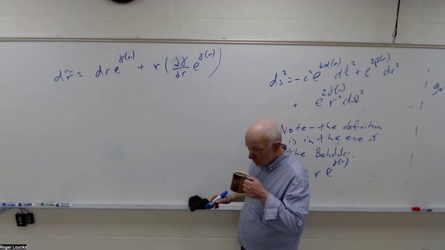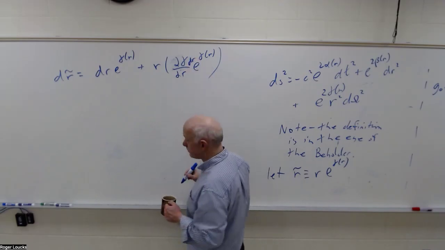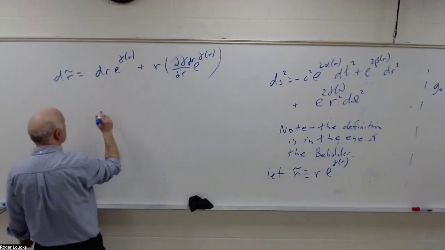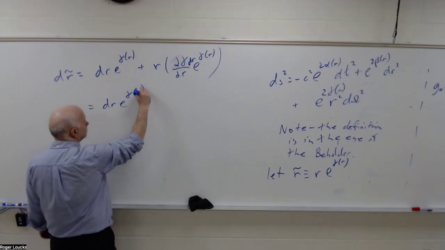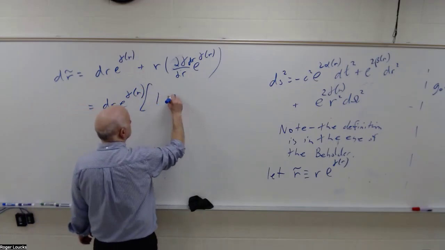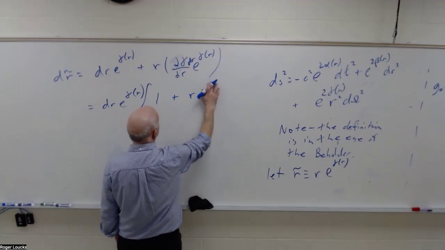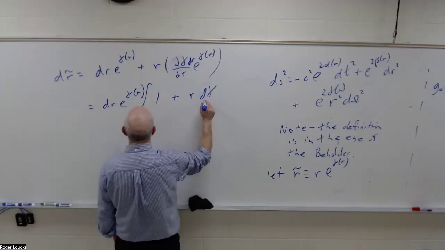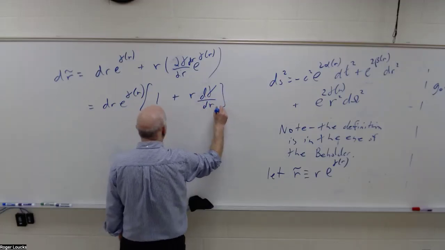Okay. So you can pull out the dr and the e to the gamma of r. Now these are 1 plus r times d gamma.